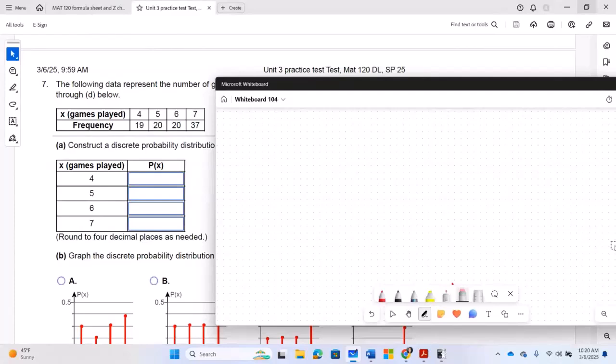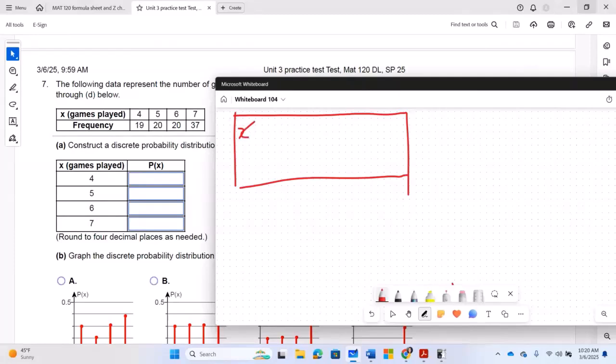All right, so the table given to me is a frequency distribution. It has games played, X, and frequency. How many are there? 1, 2, 3, 4.